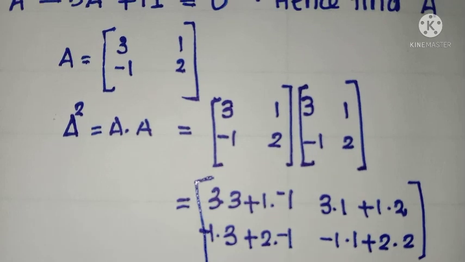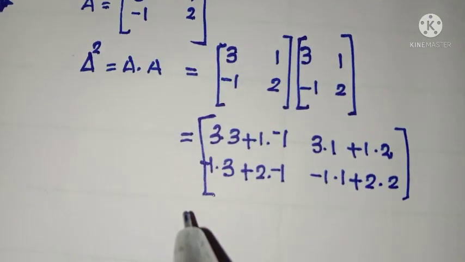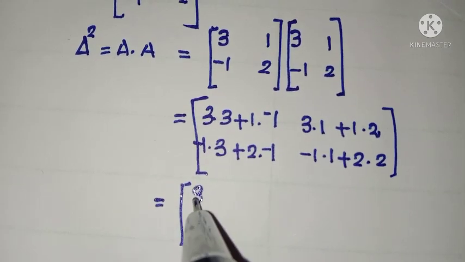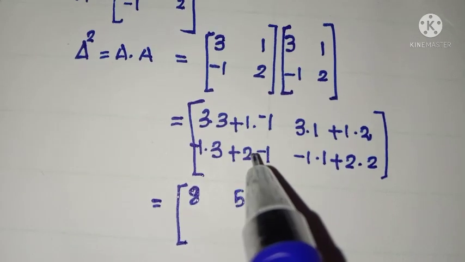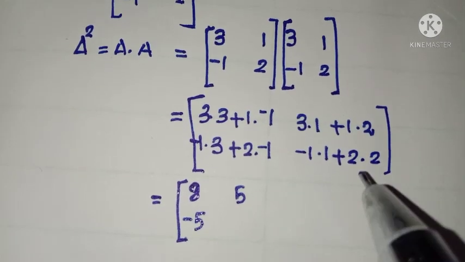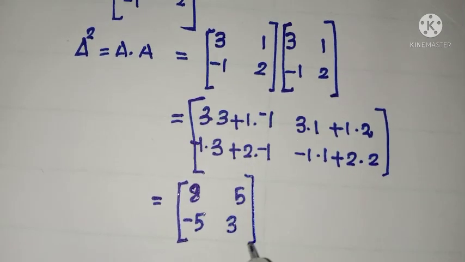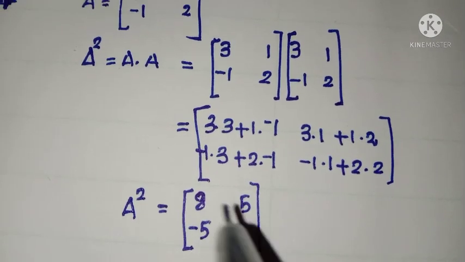Okay, I hope all of you know how to multiply given square matrices. So this gives 9 minus 1, 8. 3 plus 2, 5, minus 3 minus 2, minus 5, minus 1 plus 4, 3. So, A square is the matrix 8, 5, minus 5, 3.